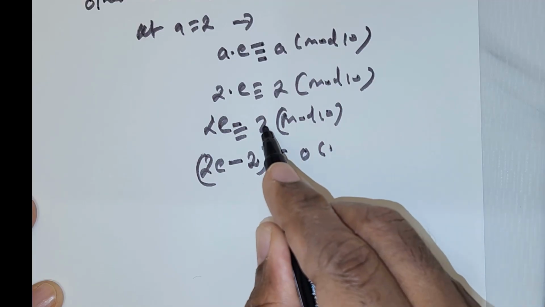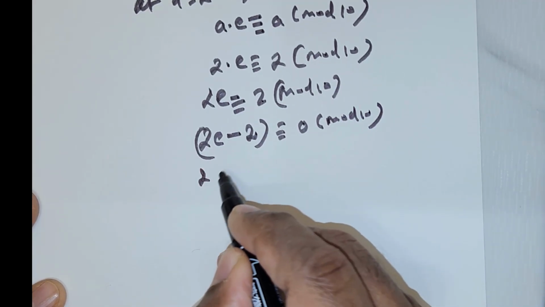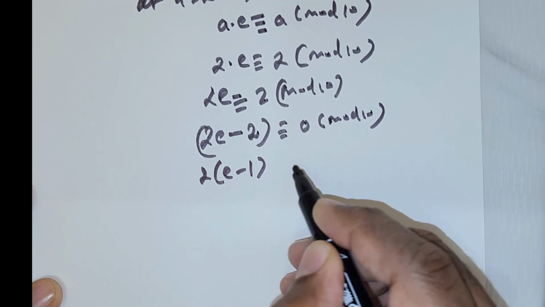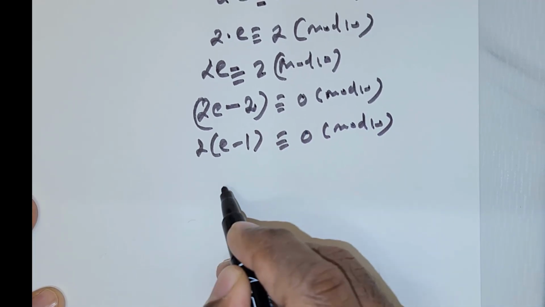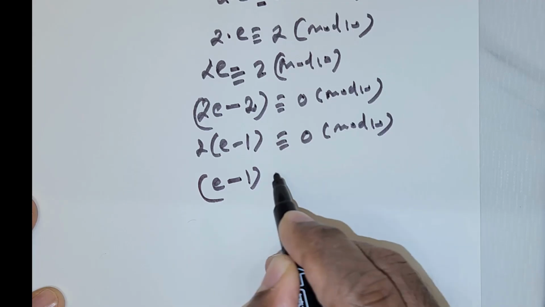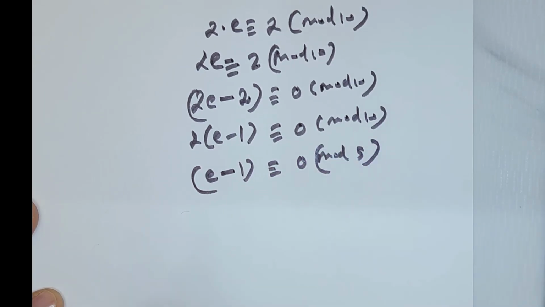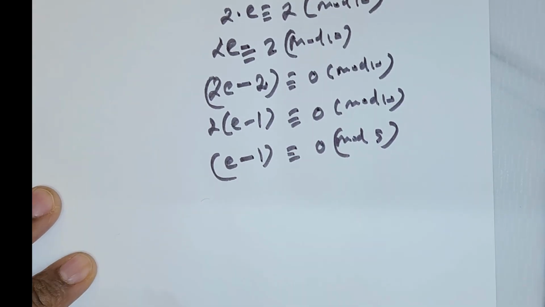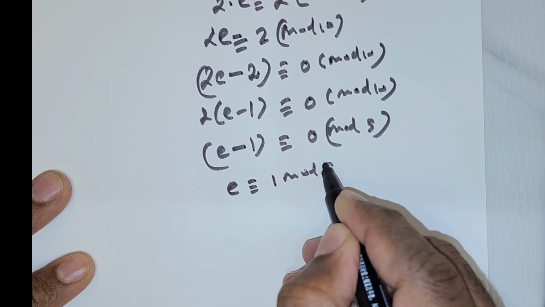So 2 goes to the other side. This is going to be 2 times (E minus 1) congruent to 0 mod 10, and this can be rewritten as E minus 1 congruent to 0 mod 5. Now this in turn can be rewritten as E is congruent to 1 mod 5.